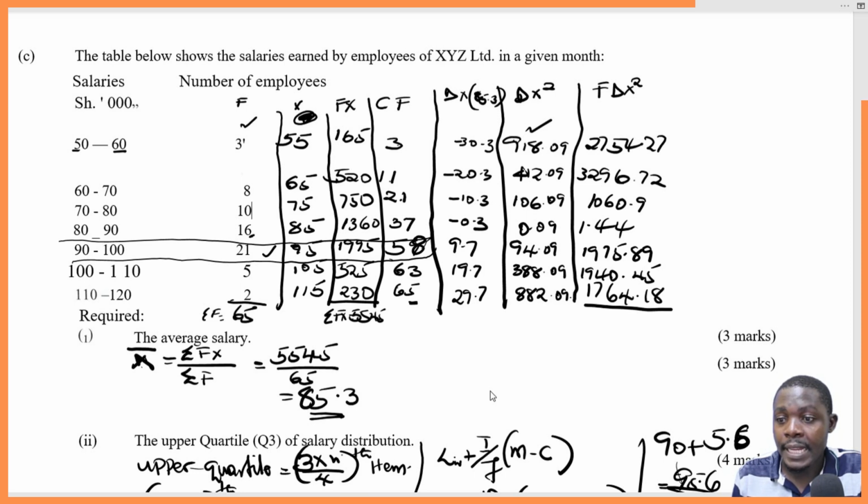Now we determine the total summation of f dx squared. We can add all these figures cumulatively. We add 1764.18, 1940.45, 1975.89, 1.44, 1060.9, 3296.72, and lastly 2754.27.